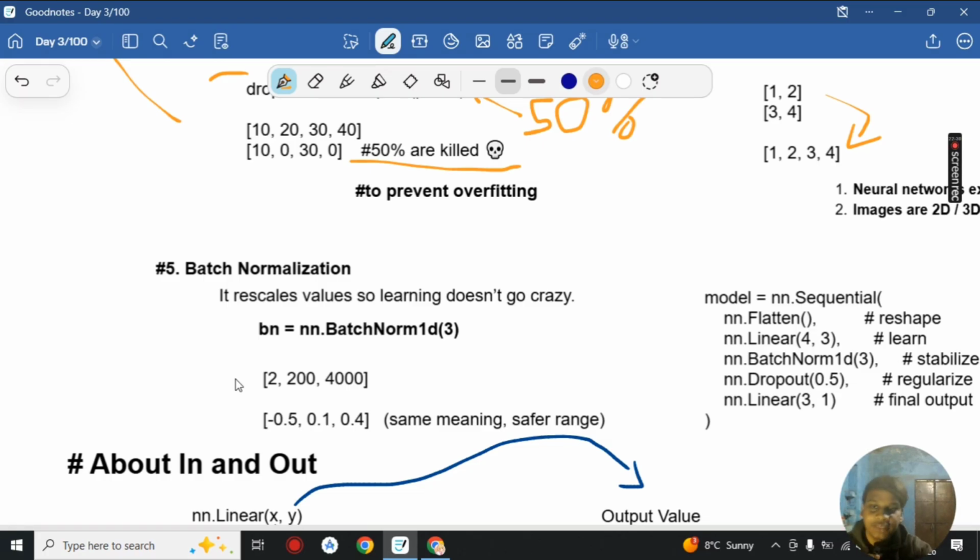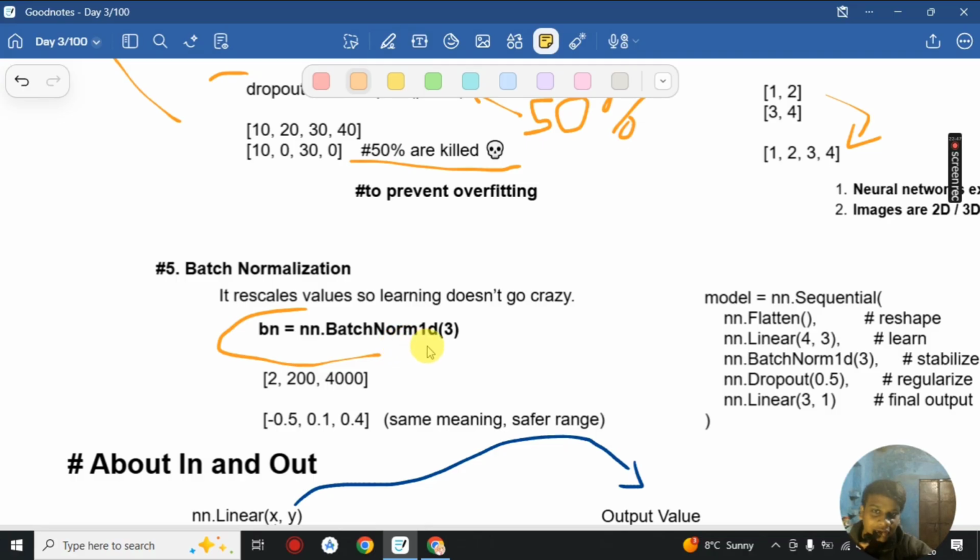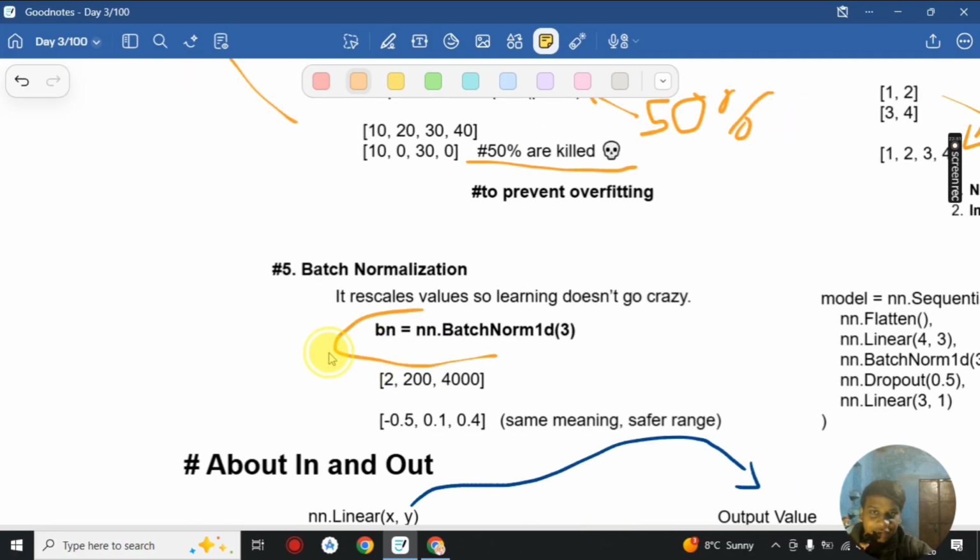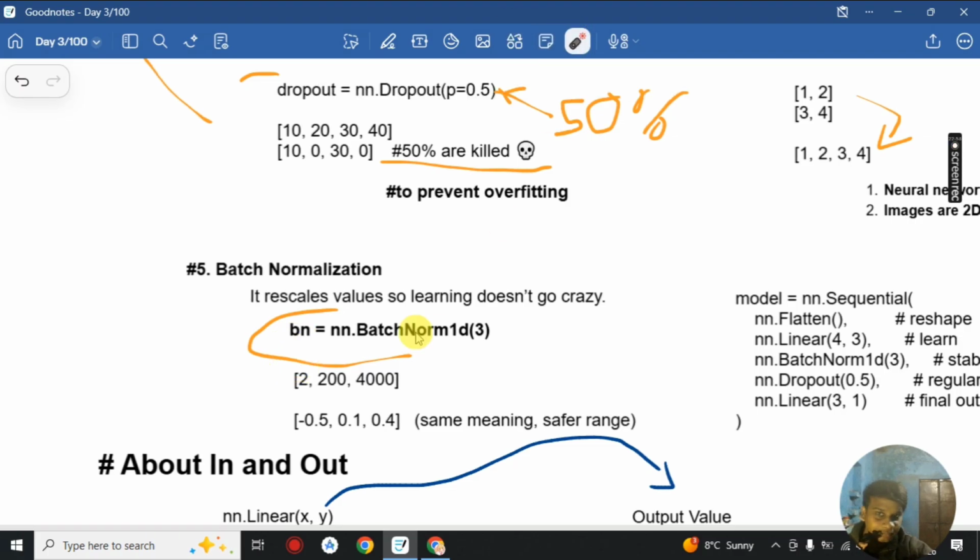Now we have here batch normalization. It basically helps us to rescale the values, so learning doesn't go crazy. Like if you add here bn equals nn.BatchNorm1d(3), it works the same way as scaling in machine learning.